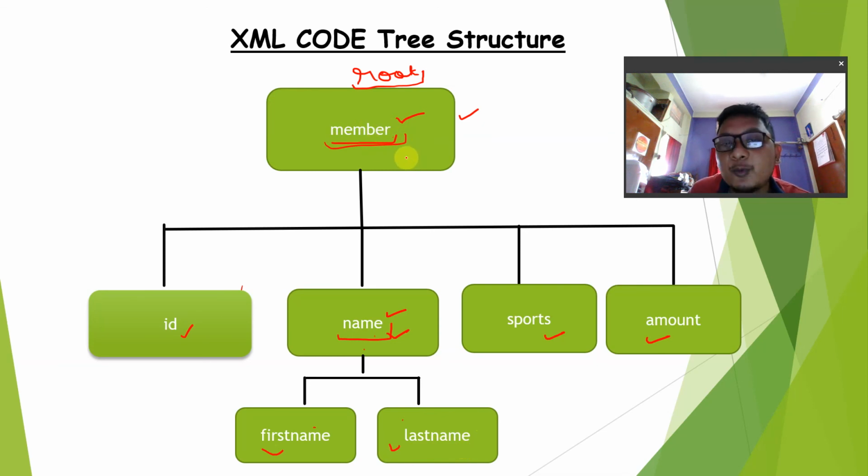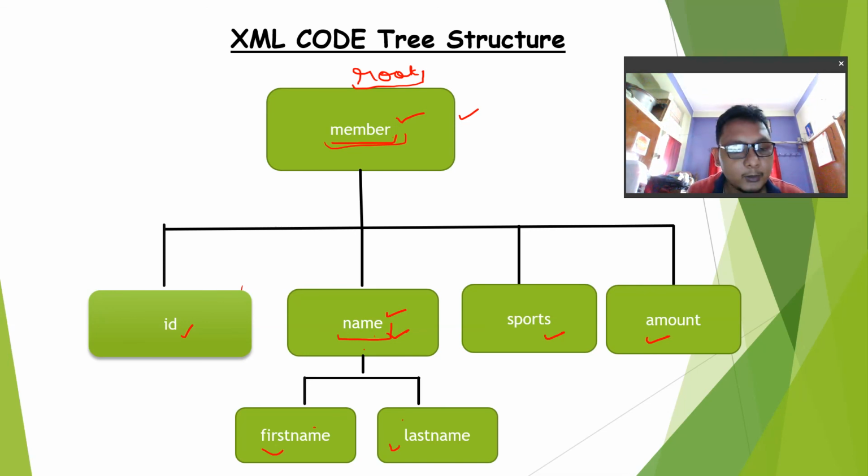In this way we can explain our XML code in a tree-like structure. It can extend up to many levels, depending upon your code. For any XML code, you can design a tree structure for better explanation.